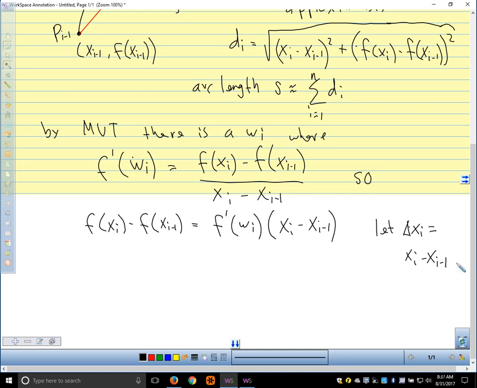And what I'm going to do is substitute this quantity into my distance formula for f of x sub i minus f of x sub i minus 1. Because we have this delta x sub i here, and we end up with a delta x sub i there, and some nice things happen. So I'm going to substitute.